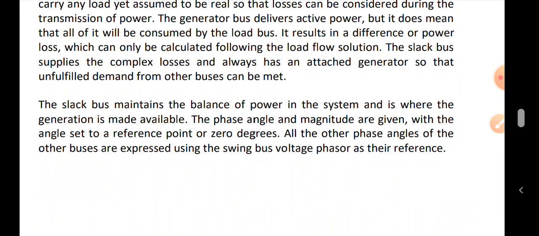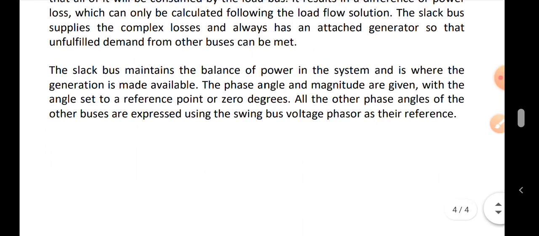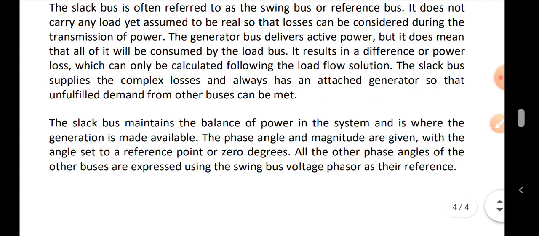So we have studied three kinds of buses today in any power system network, which are the generator bus, also known as the PV bus, the load bus, which is known as the PQ bus, and the slack bus, which is known as the V and delta bus.